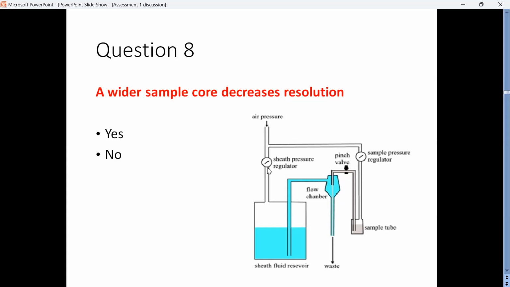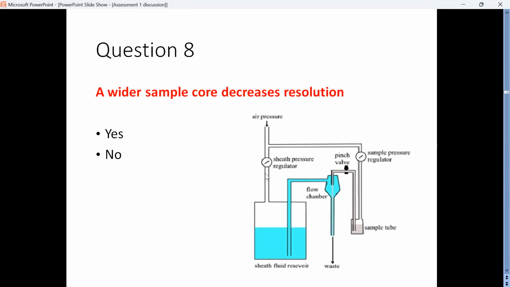You have pressure regulating the sheath fluid tank as well as the sample tube. When you exert pressure here, the sheath fluid rises up through this tube and flows into the flow cell. Similarly, when you exert pressure in the sample tube, the sample rises up and falls into the flow cell. This should happen simultaneously.